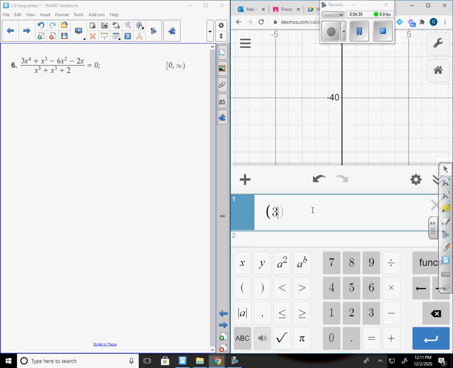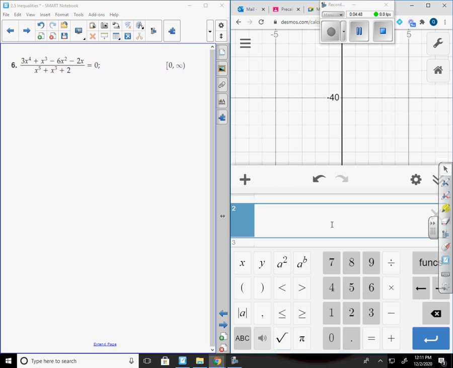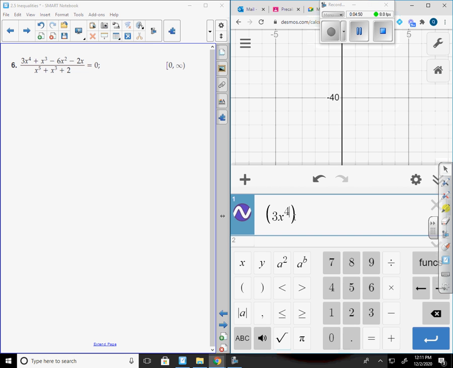Alright, so if I put it in parentheses, 3x to the 4th plus x to the 3rd minus 6x to the 2nd minus 2x.